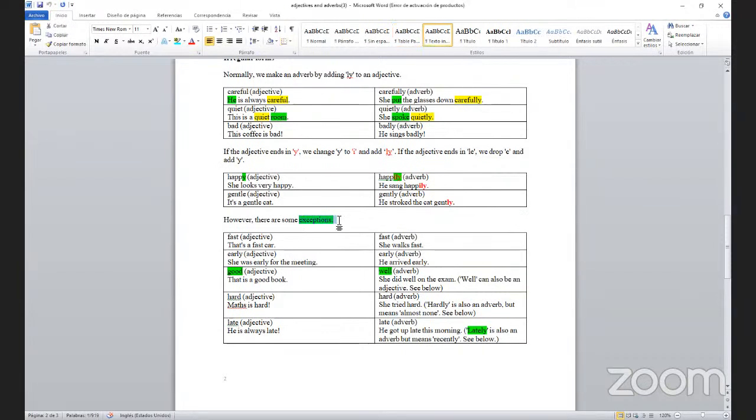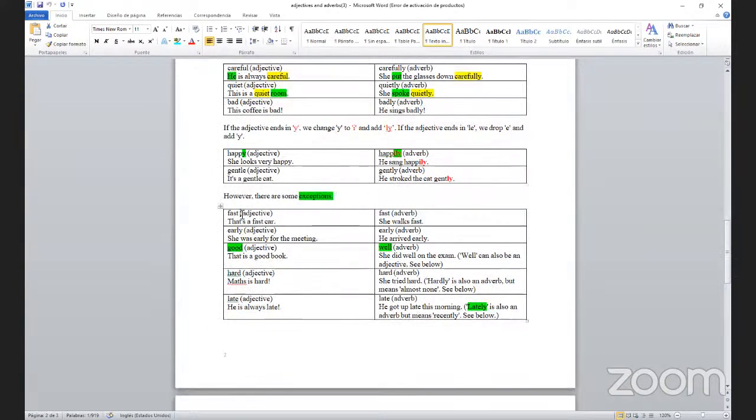Exceptions. What exceptions do we have in adjectives and adverbs? We have these exceptions where we can't add L and Y. For example, fast. Fast is a word that works as an adjective and as an adverb.